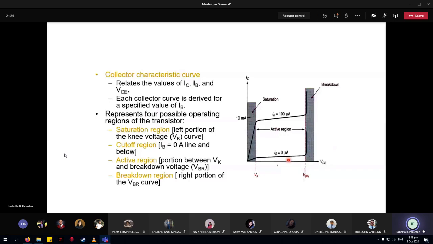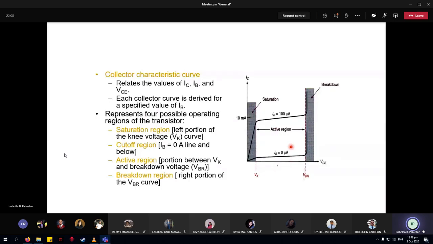Actually, if your IB is equal to 0 microampere, your graph is somewhere here. Halos kadikit na ng x-axis. Let us just assume that this is a very, very small IC. Now this portion, you call it the cutoff region. That is the IB equal to 0 line and below.